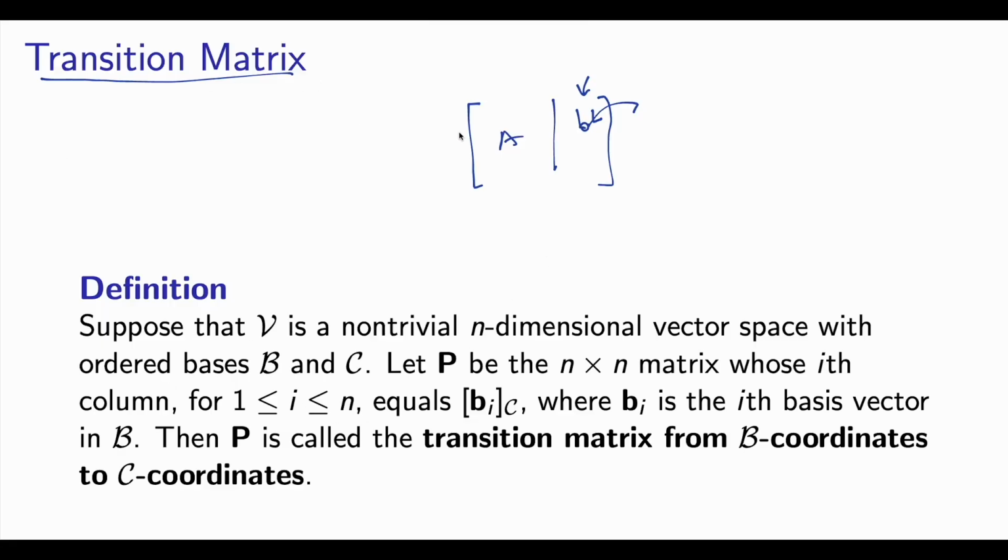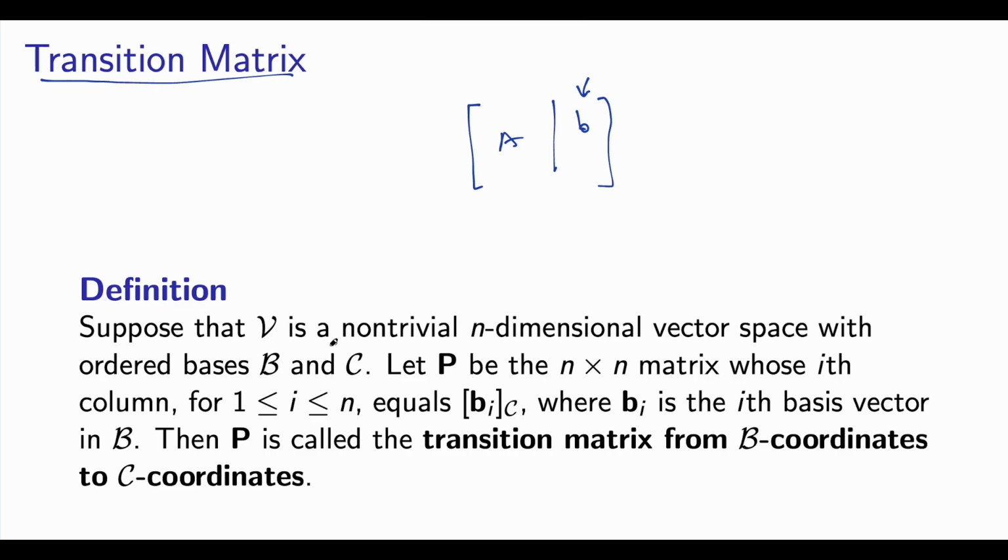The transition matrix will always give you a solution for every vector. So you need not solve RREF again and again once you have the transition matrix in your hand. This is how the transition matrix works.